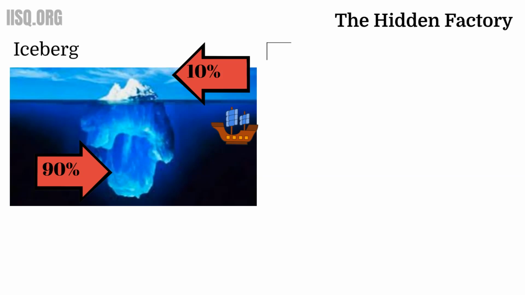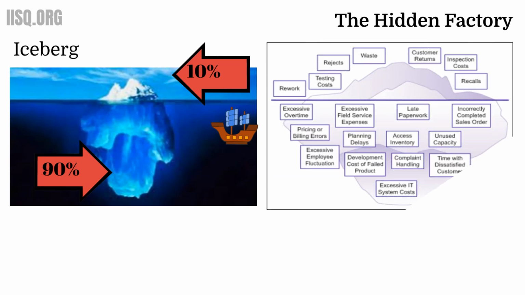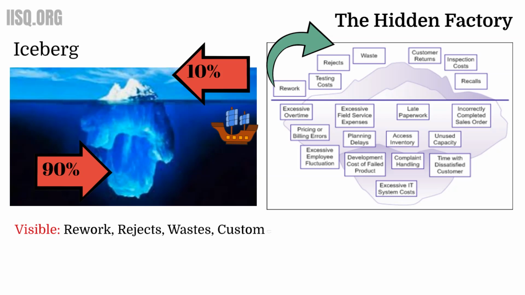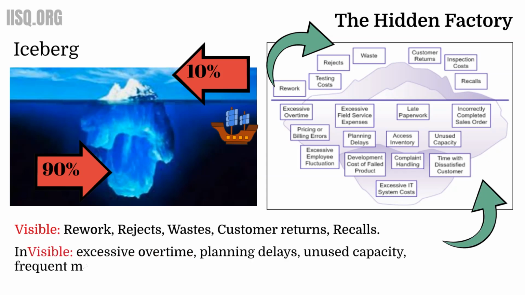Similarly, in an organization, we can only see a few maladies, like rework, rejects, wastes, customer returns, recalls, etc. There are many other operations barriers, such as excessive overtime, planning delays, unused capacity, frequent management time with dissatisfied customers, etc. These are not evident as such, however, they take considerable time and other management resources. These are the hidden cost of quality, which must be considered seriously.